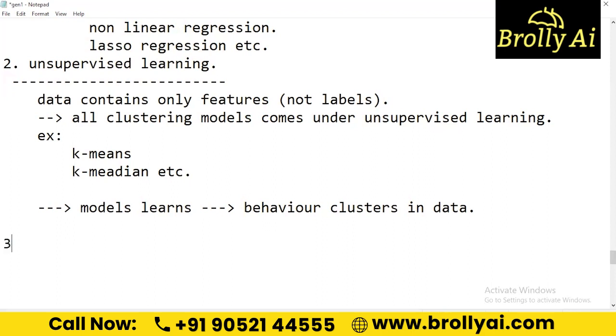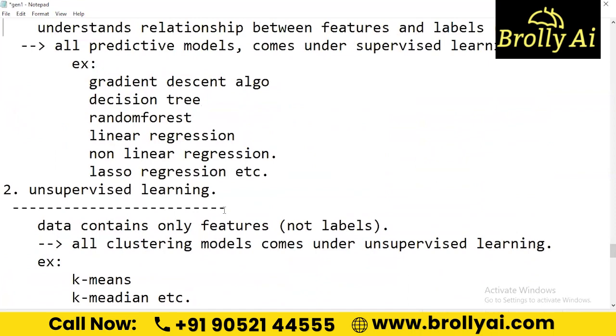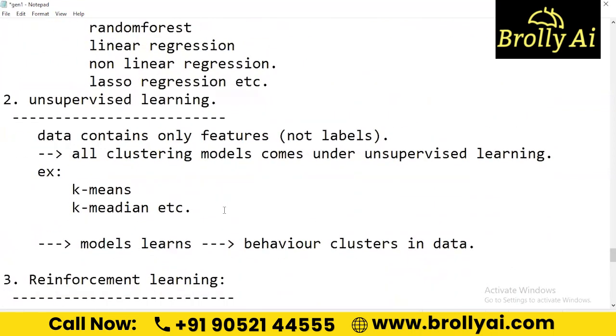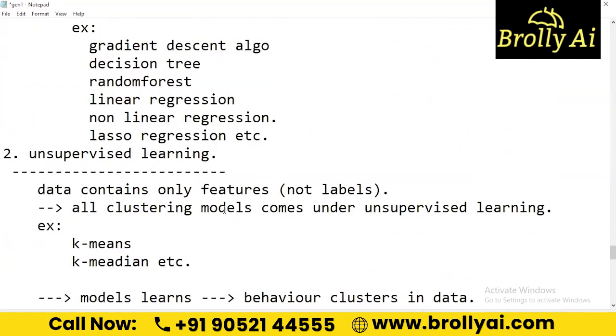Right? There is a third thing. This needs a more elaborated discussion, because this is the main heart of your generative AI. That third approach in machine learning is reinforcement learning. In supervised learning the model learns relationships between features and labels.